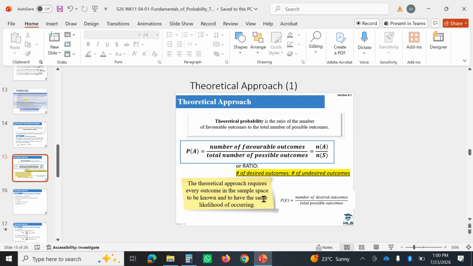So the theoretical approach requires every outcome in the sample space to be known and to have the same likelihood of occurring. So if I want to roll a 5 with a fair dice, there's one face on the dice that has a 5, and there are 6 faces numbered 1 to 6. So we've already calculated the probability of rolling a 5.